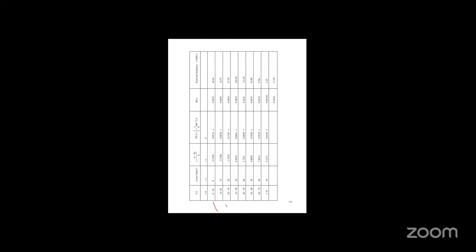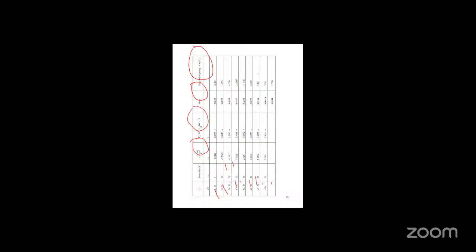For the CIs the lower limits are 10, 20, 30, 40, 50, 60, and 70. Then T minus theta by lambda gives the Z values. From that we get f of Z, delta Z, and the expected frequencies also.